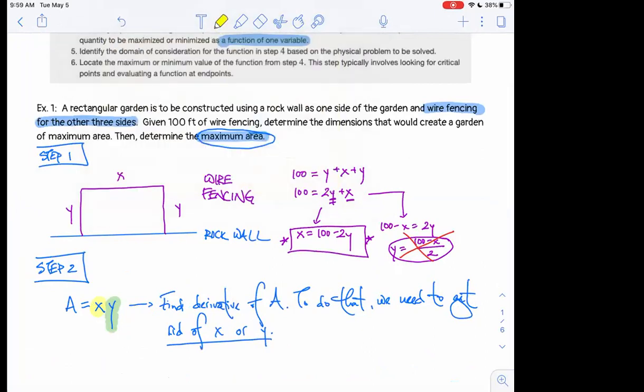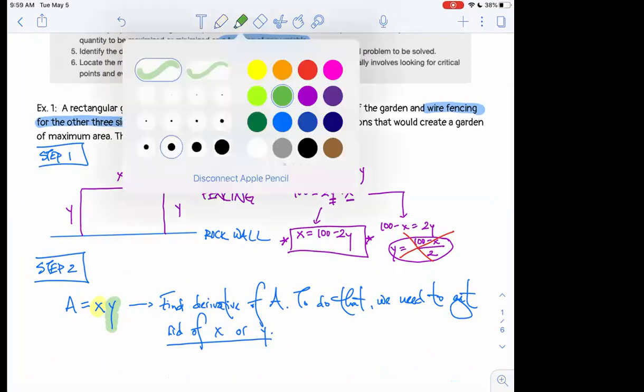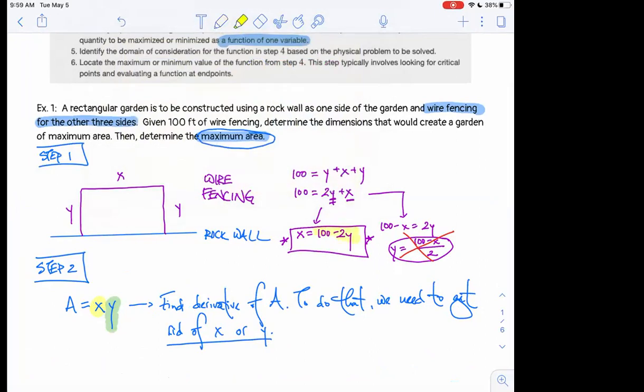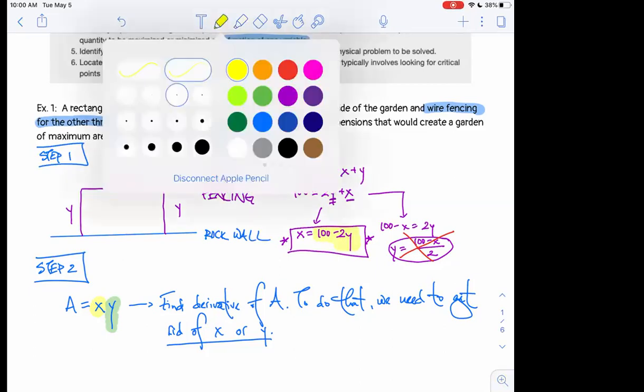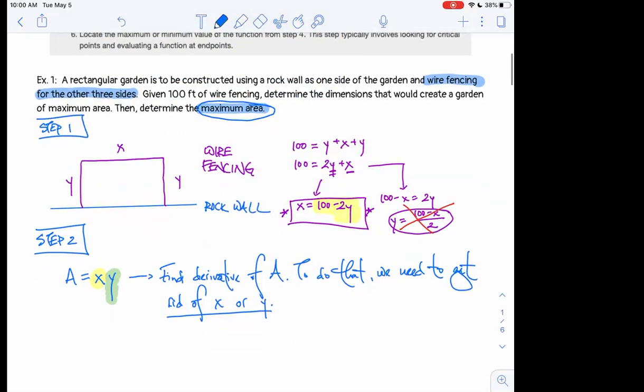I know in my area equation, I have area equals x times y, which means that everywhere I see an x, I can replace it with 100 minus 2y. So in my equation, I'm going to get not x times y, but 100 minus 2y times y.